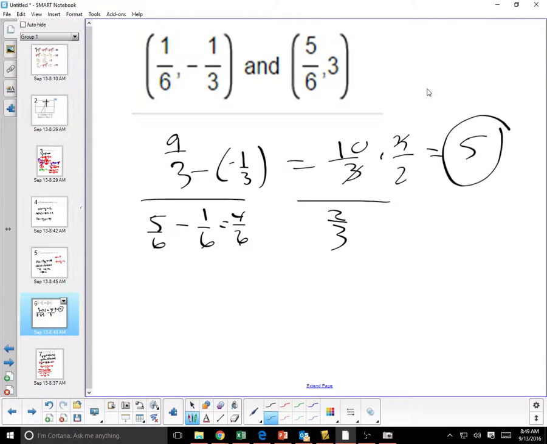And I'm just going to use Corbin's method, which is exactly what we were talking about a minute ago. 5x minus 1y, minus y equals c. And then pick one of those two points. Which one do you want to use? The 3, 5/6, 3? So 5 times 5/6 minus 3 equals c.